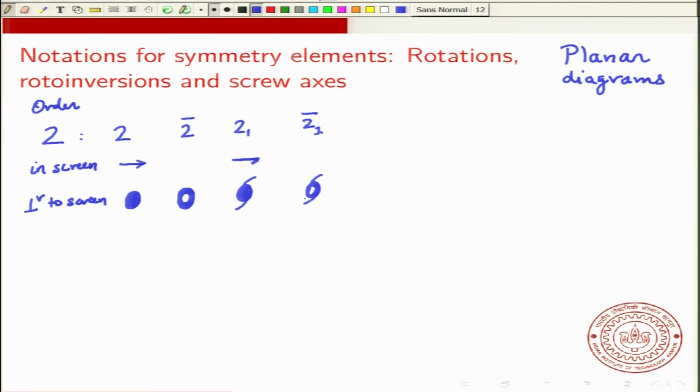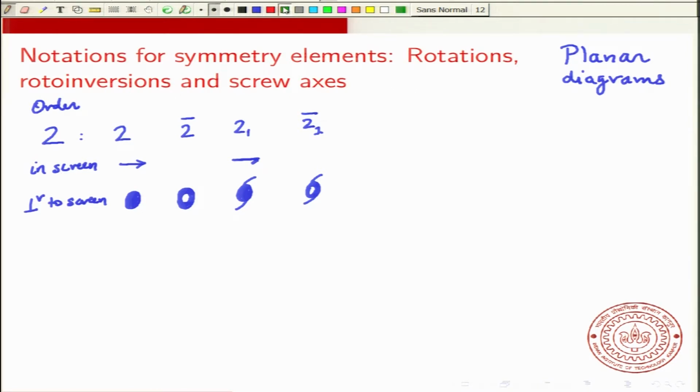And we generally don't show the 2 bar axis in the screen of the paper. What else can you have for the screw axis? These are all the possibilities that you can have for a twofold axis.